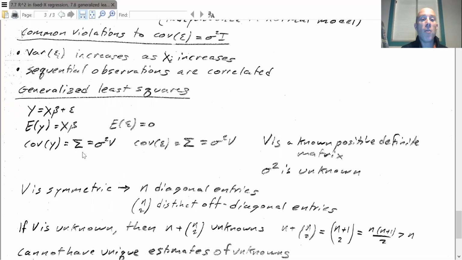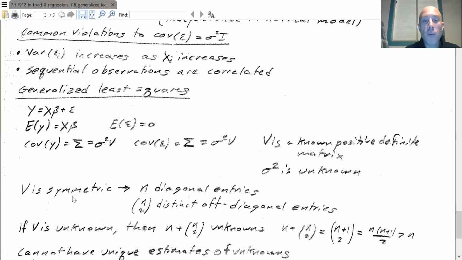Covariance of y is equal to sigma, which is little sigma squared, times that known positive definite matrix. Okay. Now, in this situation, we're going to say that sigma squared is unknown, but V is known. All right, so V is a positive definite matrix.